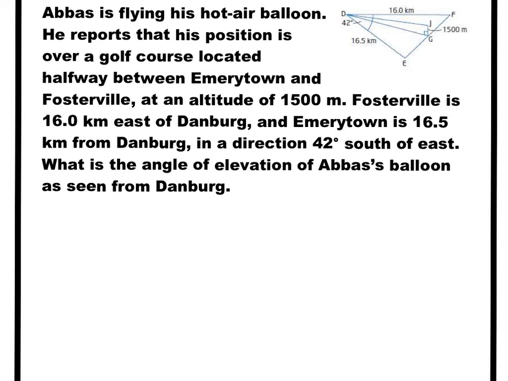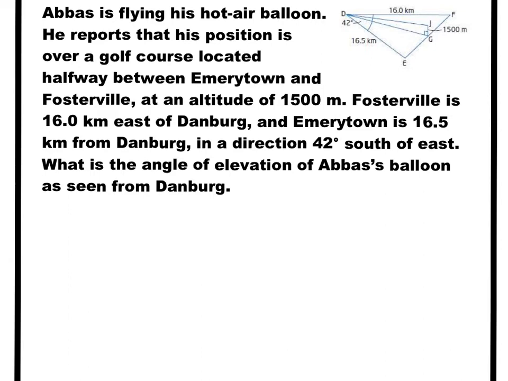Now we know that the angle FDE is 42 degrees. We know the side DE is 16.5 and we know the side DF is 16 kilometers. So I can use the cosine law in the triangle FDE to find the side EF.